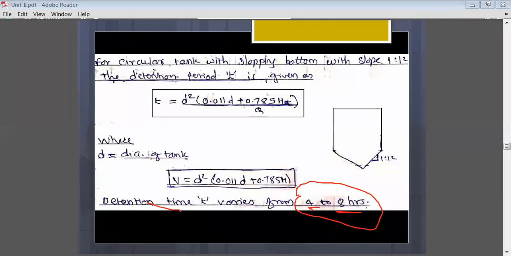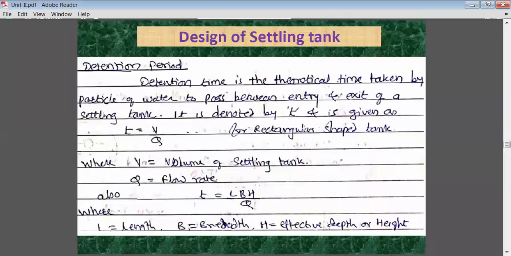Now write down this title in your notebook and the formulas. Write down the main title, design of settling tank. Then write down the first point, detention period.